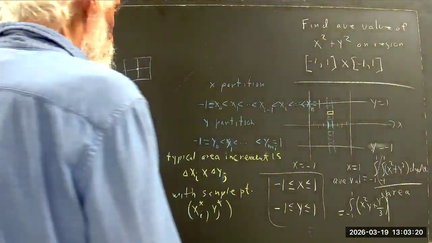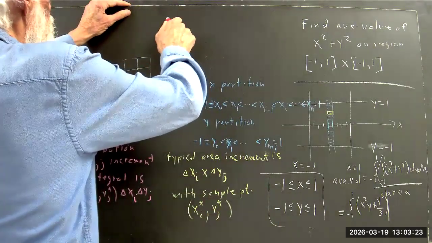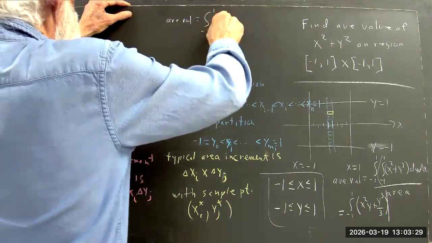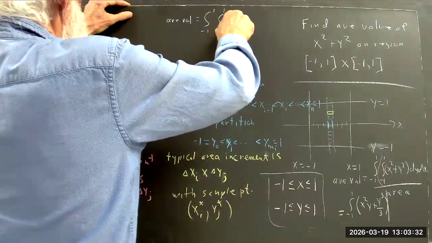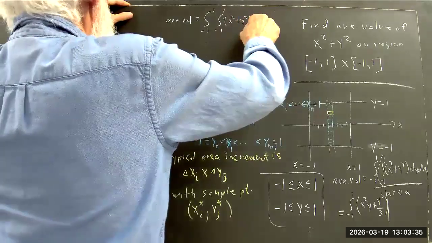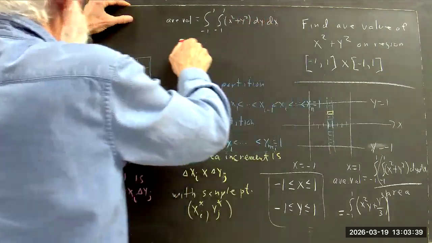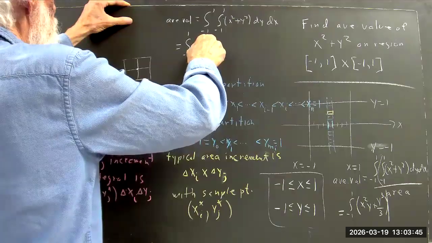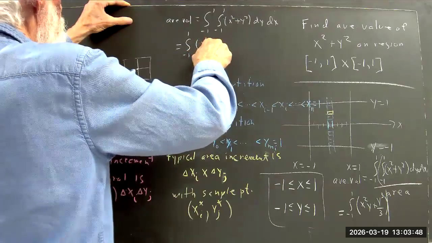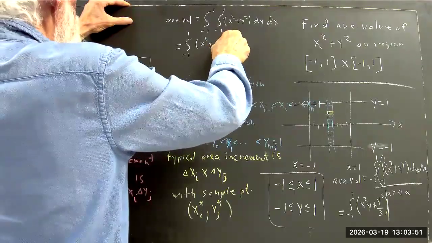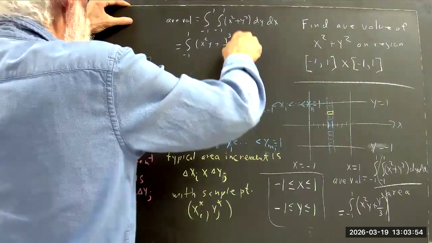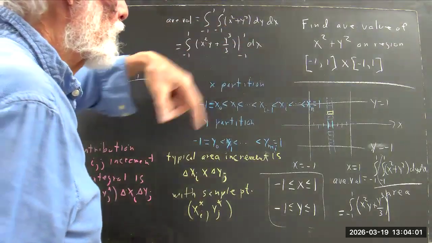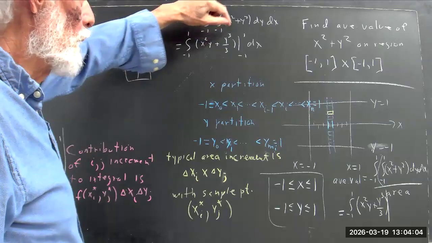Let's come up here. Okay. So first integral with respect to y, the antiderivative of x squared is just x squared y.